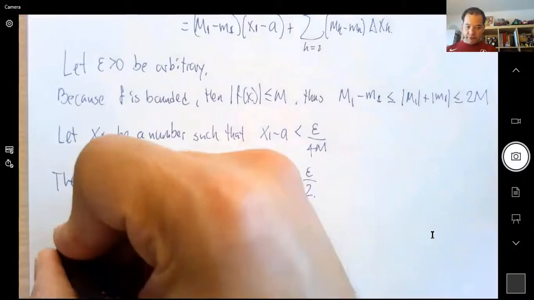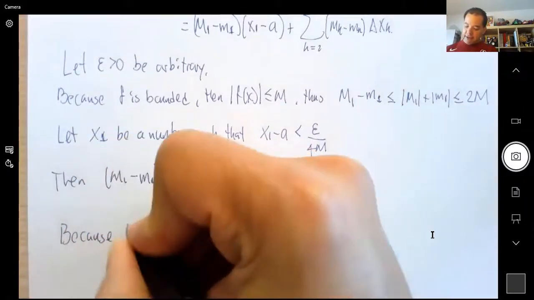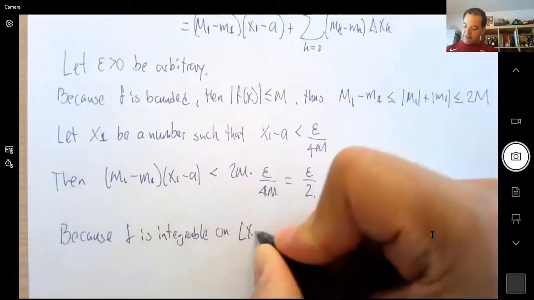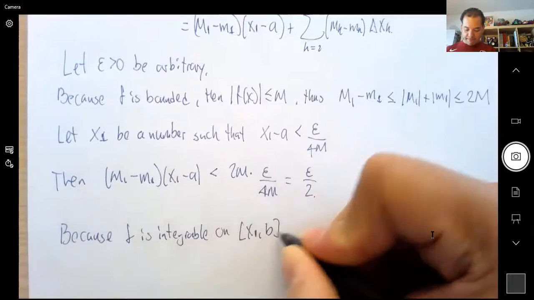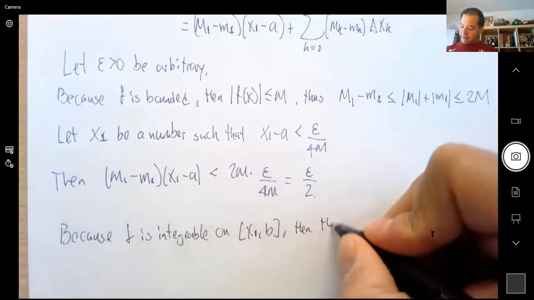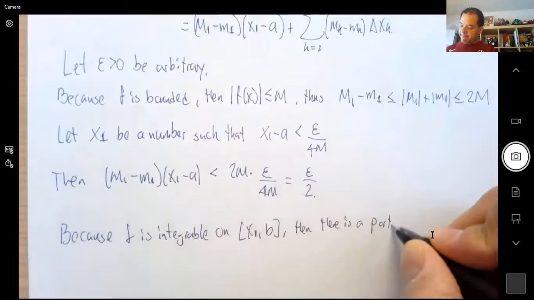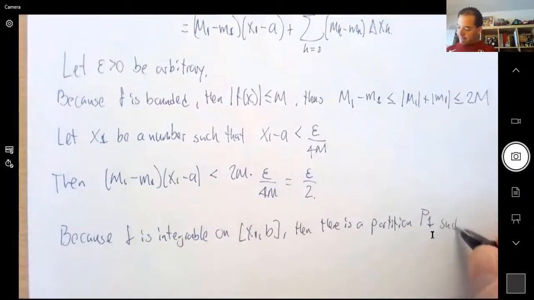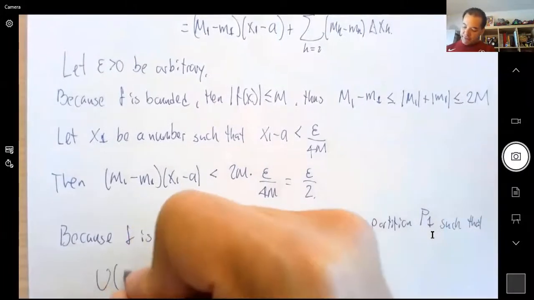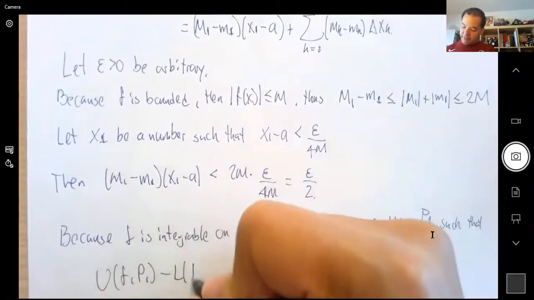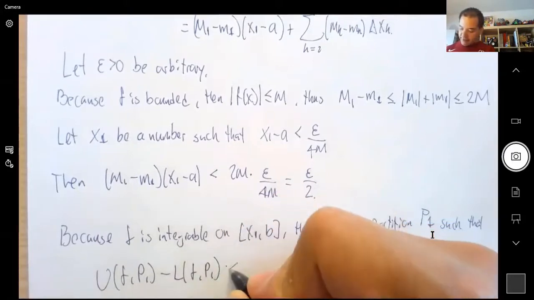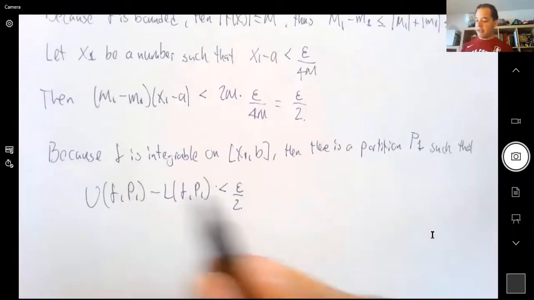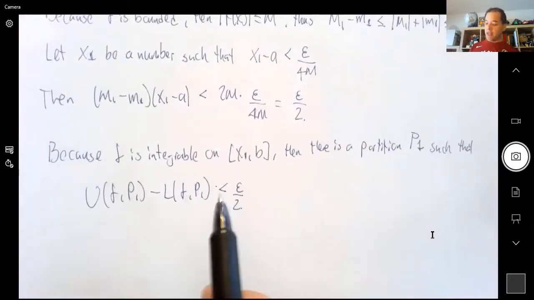So because f is integrable on the interval x1, b, then there is a partition, I'm going to call it P1, such that U of f of P1 minus L of f of P1 is less than epsilon over 2, right? I can make the difference as small as I want. So I'm picking epsilon over 2.